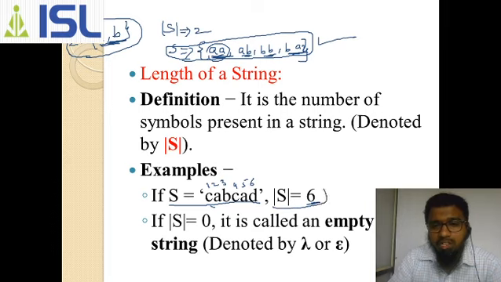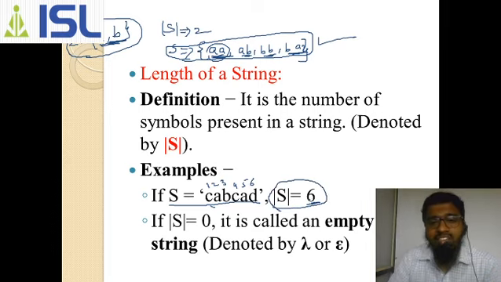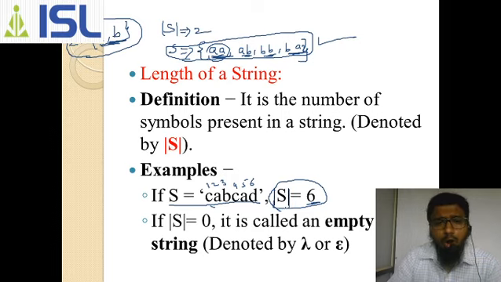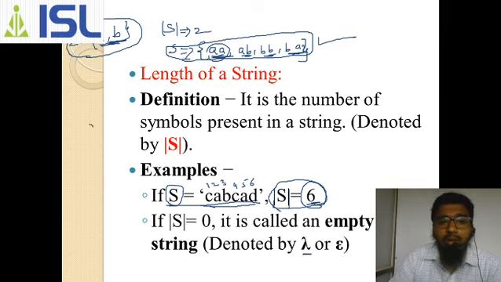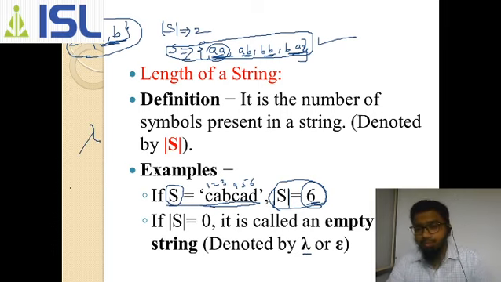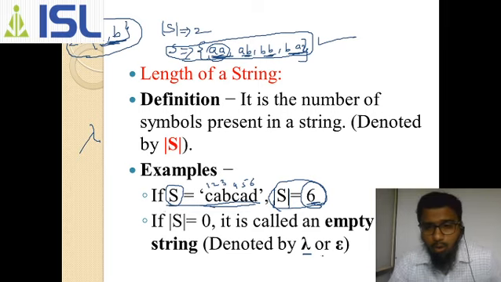If it is denoted by mod S, that means you need to define the string size. If it is normal S, then you need to define the string. If |S| is equal to 0, it is called an empty string, denoted by lambda or epsilon.